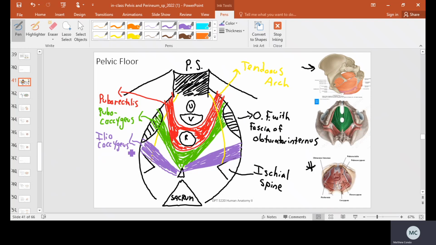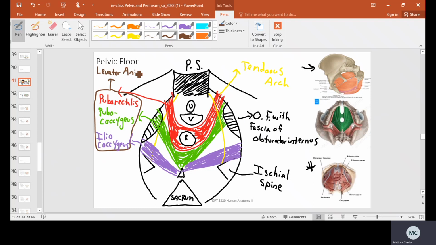So Pubo Rectalis, Pubo Coccygeus, and Ilio Coccygeus is levator ani, okay? If I take these three muscles together, and I'm going to circle them, those three muscles as a group is called levator ani, okay?